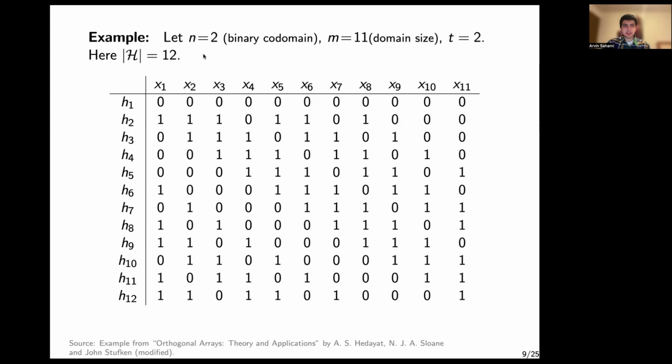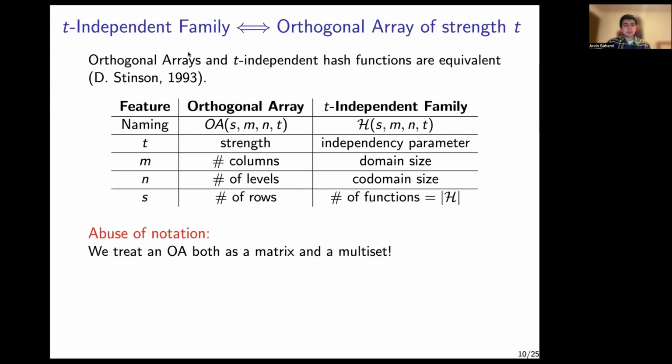And in fact, you can, of course, make this more rigorous, as was done by Stinson in 1993. So t-independent families and orthogonal arrays of strength t are exactly the same object via a trivial correspondence where you just see the rows of your orthogonal array as functions in the t-independent family. So let's just quickly go over some of the analogous features.